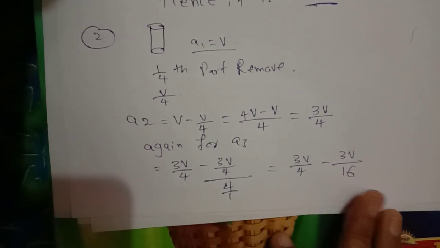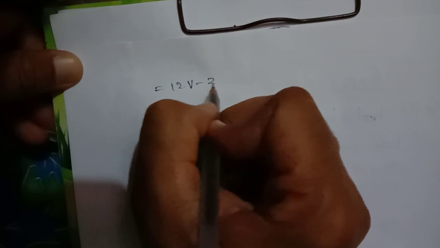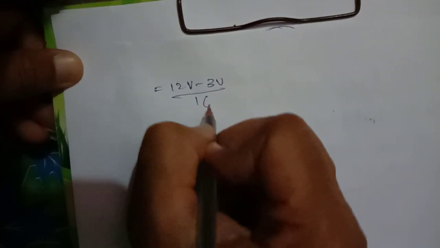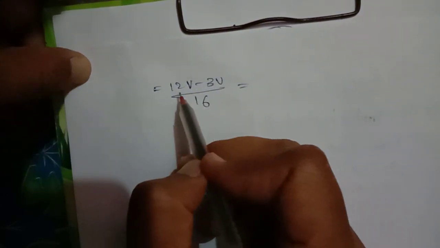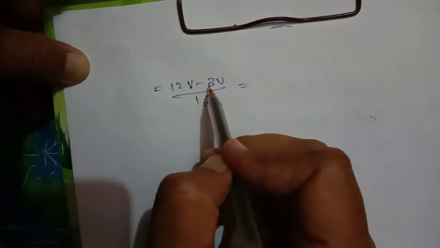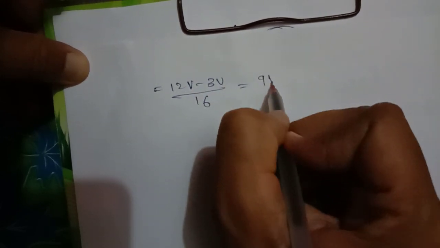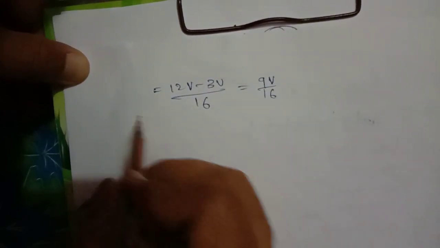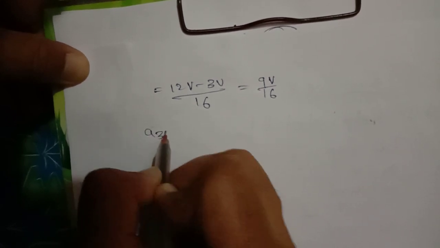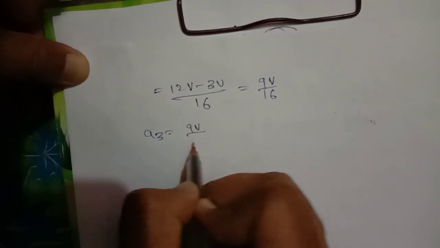So let us see about the next step. The next step will be 12V minus 3V by 16 is equal to, in 12, if you subtract 3, we will get 9V by 16. Now A3 is equal to 9V by 16.